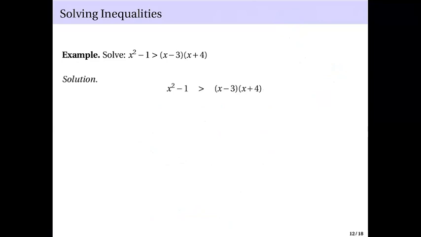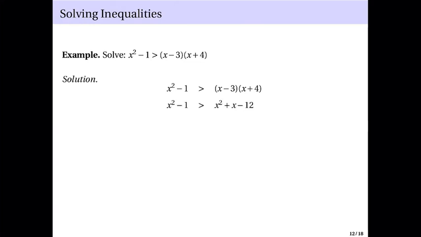Next. Here you have x squared minus 1 greater than the quantity x minus 3 times x plus 4. For this example, you see quadratic expressions on either side of the inequality. If you have quadratic expressions, try to simplify, and possibly the inequality will be reduced to a linear inequality, just like in this example.